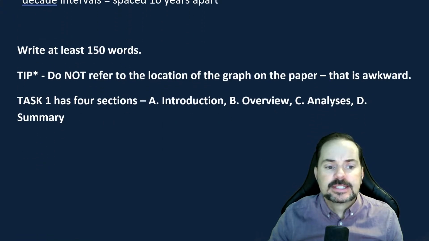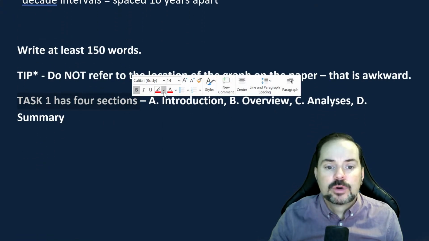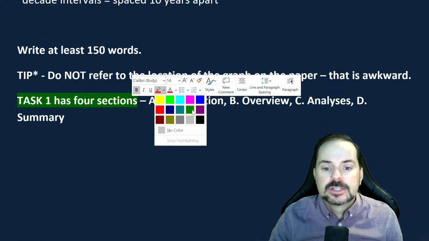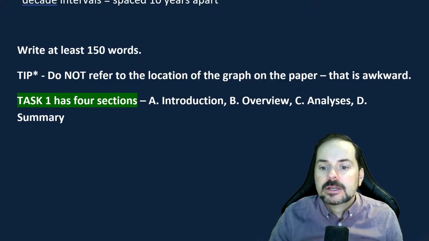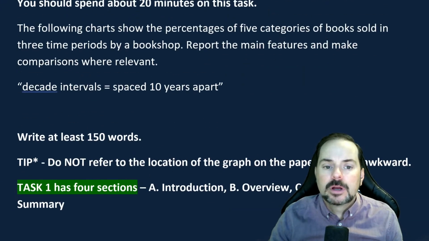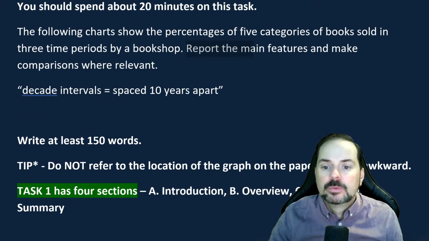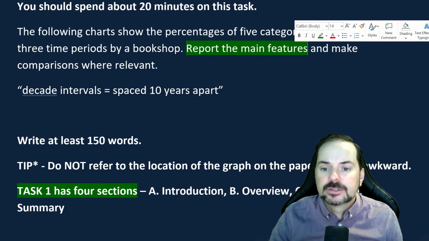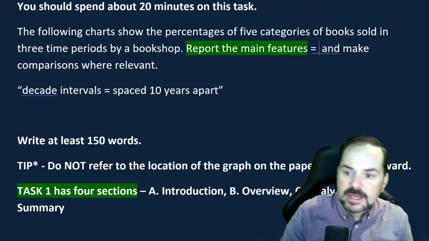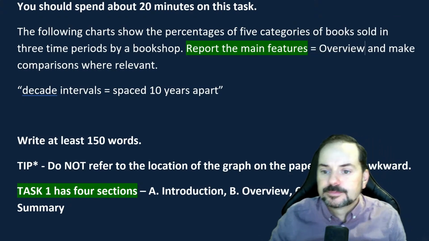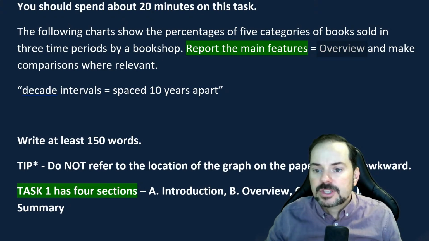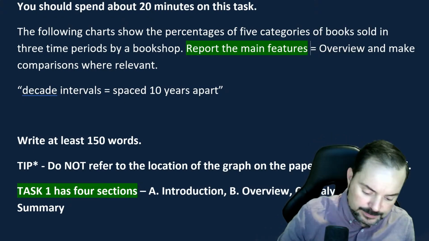So remember I said task 1 has 4 different sections to it. It's an expository essay. The next section is an overview. Overview is this part of the question. It says, report the main features. Okay, report the main features is basically your overview. It's equal to the overview.